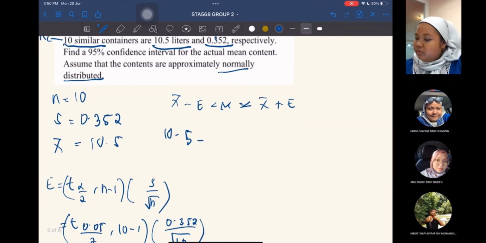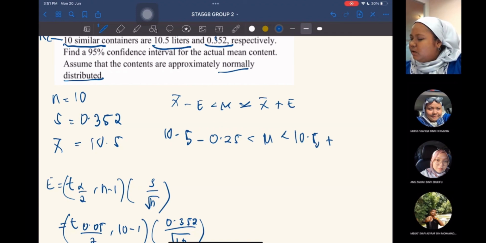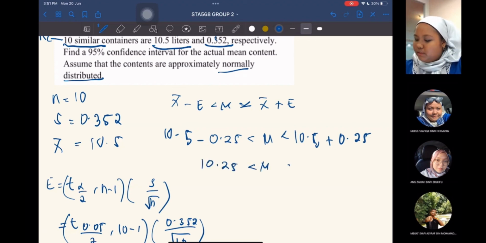So 10.5, we minus the 0.25 that we got earlier, less than mu, less than our x bar again, which is 10.5, and then we add back our margin of error, 0.25. Then we get 10.25 less than mu less than 10.75.